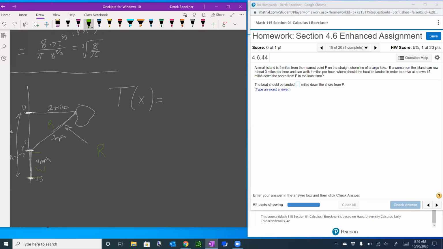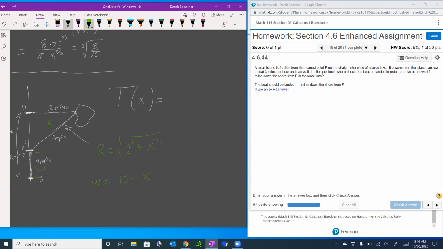So rowing, that's going to be the square root of 2 squared plus x squared. That's how far she has to row. Walking is going to be 15 minus x. So far, so good? Okay.